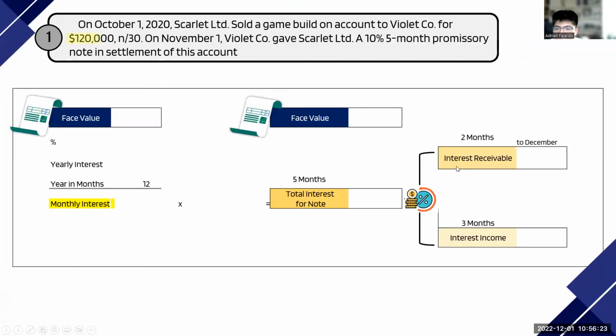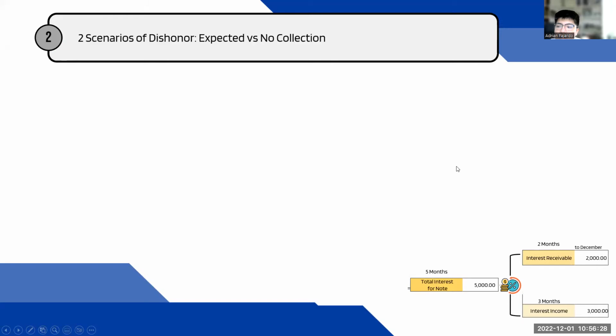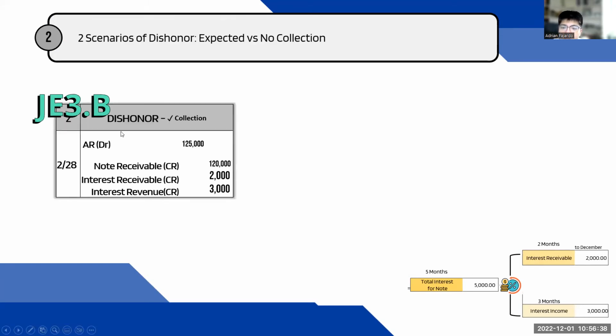So therefore, like what I've mentioned, in the two scenarios for dishonoring, if you have the four values, which is basically the face value and these three components of interest, you'll be able to write your dishonor for expected collection. So this one, scenario A, is if you still expect collection.